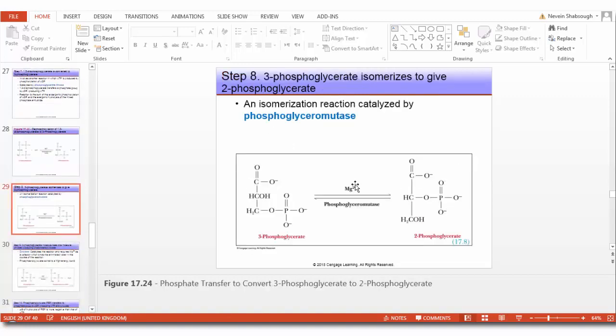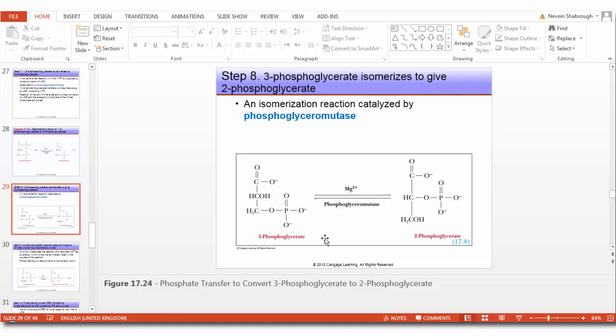Step number 8, where 3-phosphoglycerate isomerizes to give 2-phosphoglycerate. Now the enzyme phosphoglyceromutase, as you can see here, catalyzes the isomerization reaction where this phosphate group is transferred from carbon 3 to carbon 2, and it requires Mg+2.